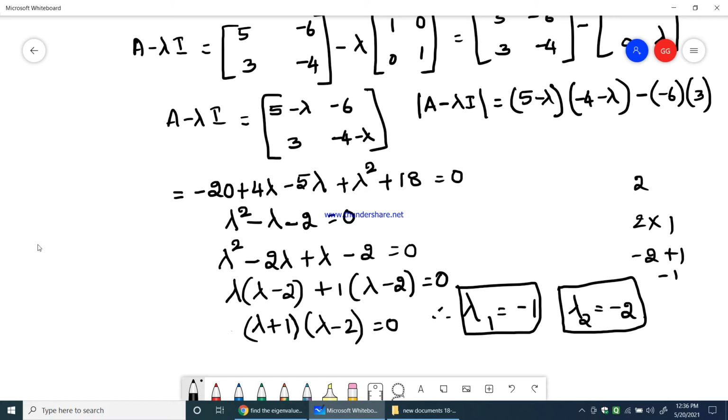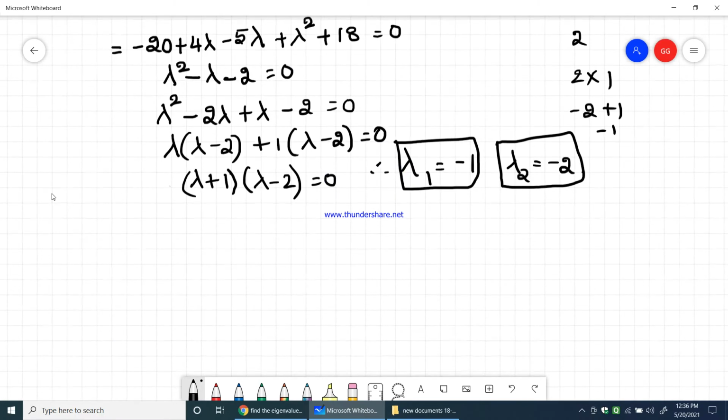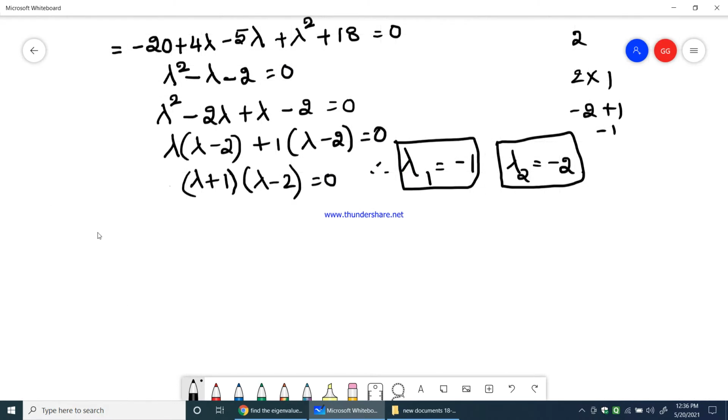Now let us go on to finding the eigenvectors. To find the eigenvectors, we normally take the A minus lambda I matrix, multiply it by the vector x, and equate that to 0.